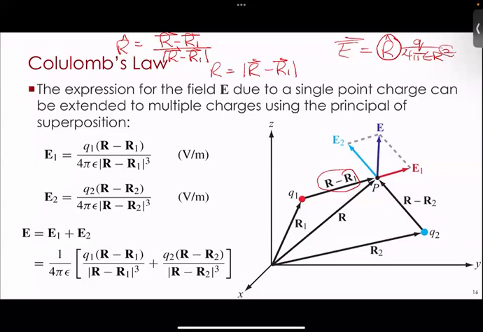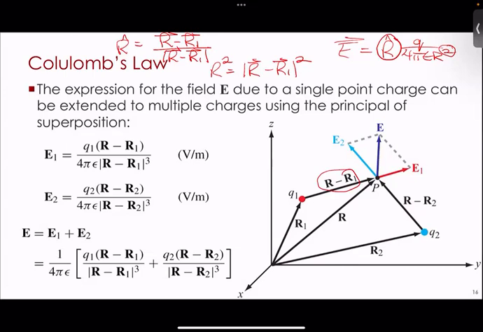Now, note that there's an R squared in the denominator of the basic form of Coulomb's law. So really we need to square that. And then we have R hat upstairs, like outside, right?